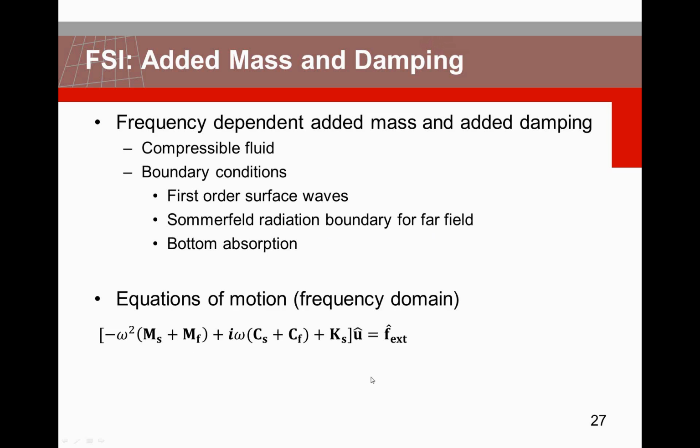And you see here that the equation of motion is then directly written in a frequency formulation, because it is frequency dependent. As you can see here, there's the minus omega squared coming and the i omega. So this can only be solved in the frequency domain.